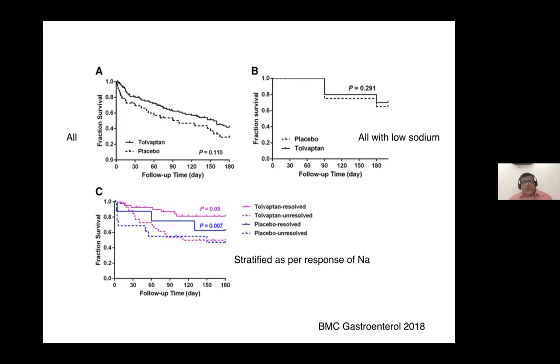They are the patients who had a high chance of survival, as compared to those patients where, despite taking tolvaptan, the sodium levels did not improve. In those patients where hyponatremia improved with a placebo, their survival was still poorer. So this tells us that it was tolvaptan which made the patient survive longer and not just the correction of hyponatremia.